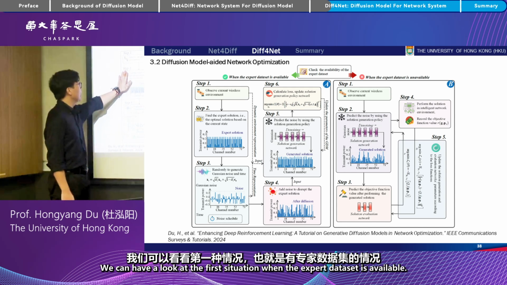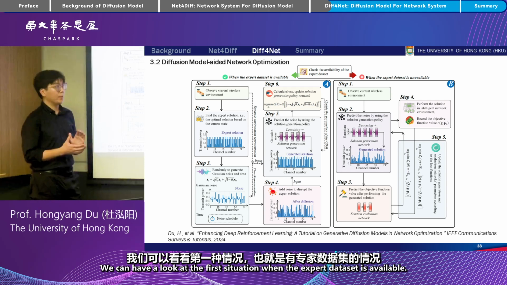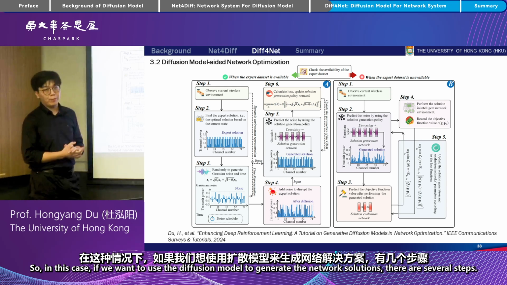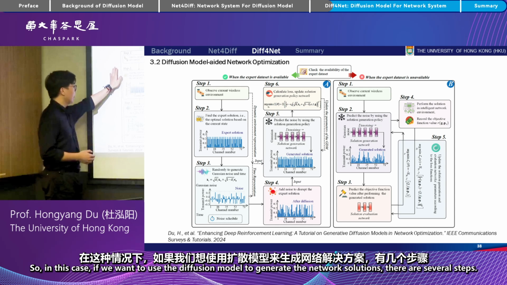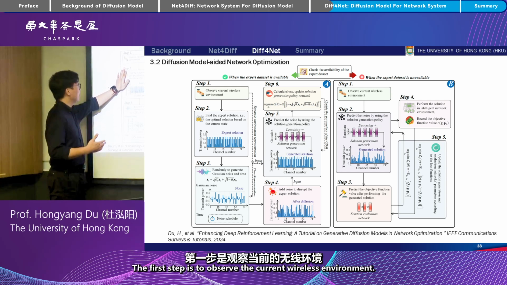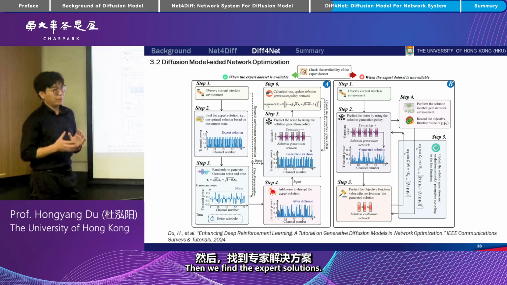We can have a look at the first situation when the expert dataset is available. So in this case, if we want to use the diffusion model to generate the network solutions, there are several steps. The first step is to observe the current wireless environment. Then we find the expert solutions.